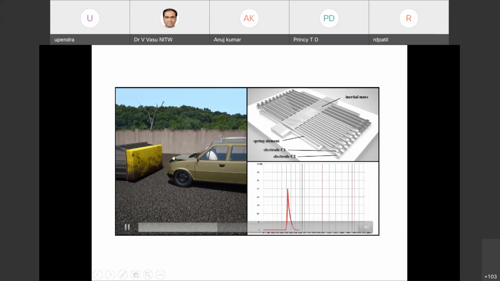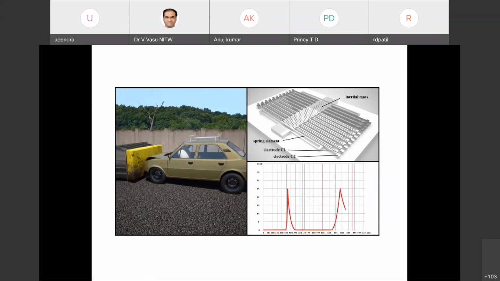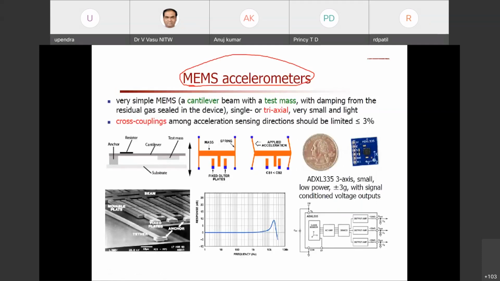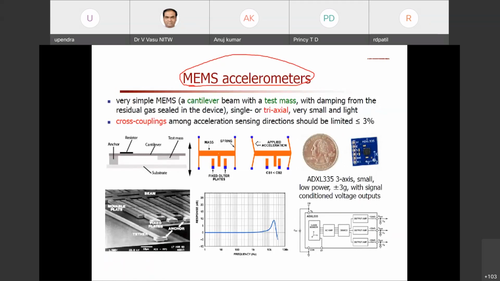Whenever the car is hit, the comb structure moves. Let me explain so you can understand more clearly. Here is the inertia mass, and we have the two plates of the capacitor.